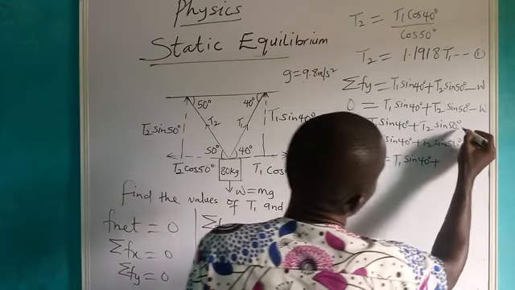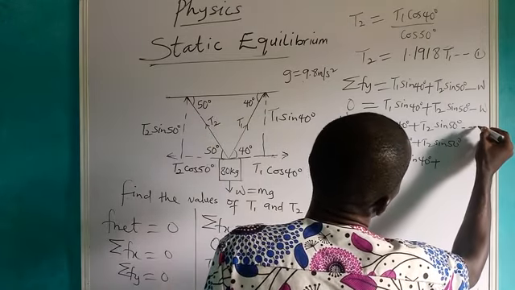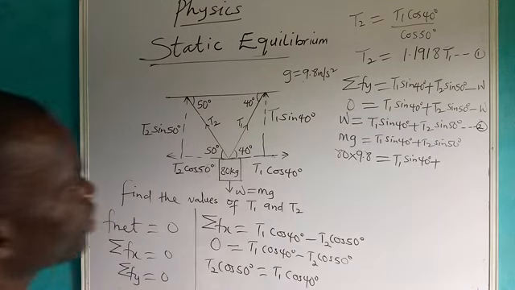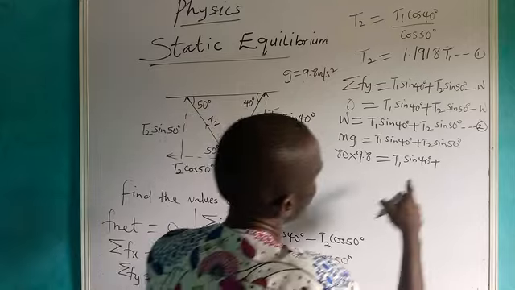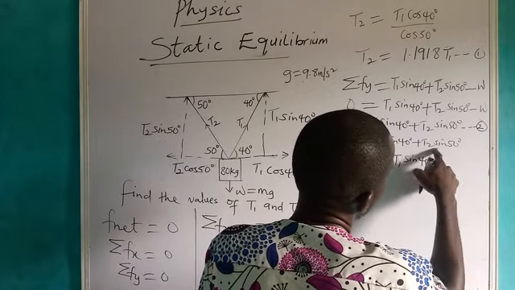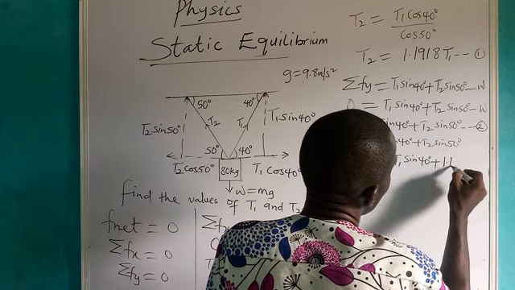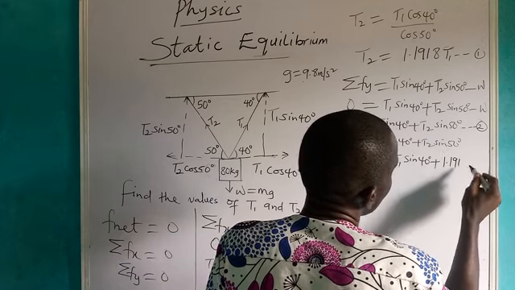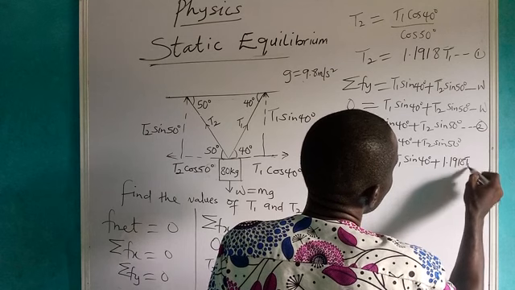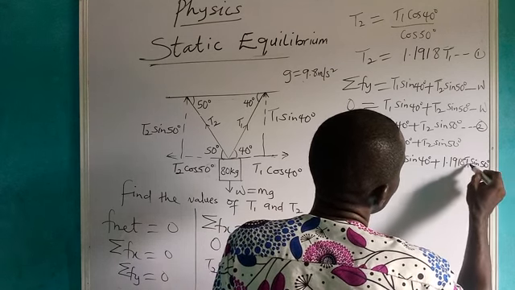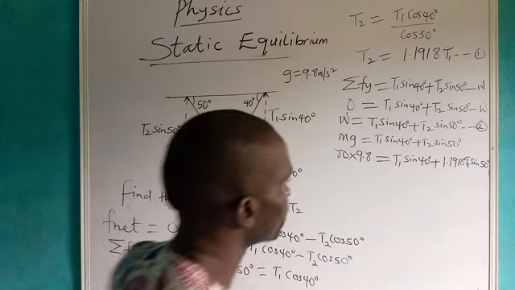Please, I have to make this one equation 2. From equation 1, I can substitute T2, which is 1.1918 T1, times sine 50 degree.